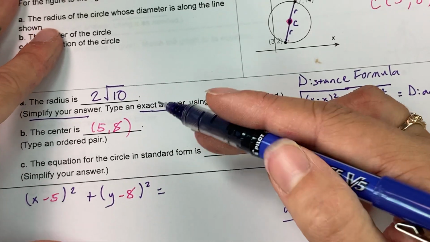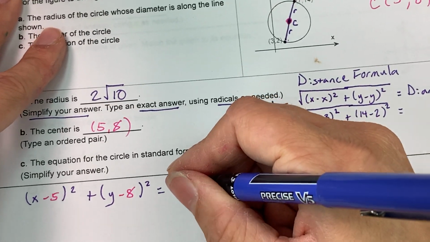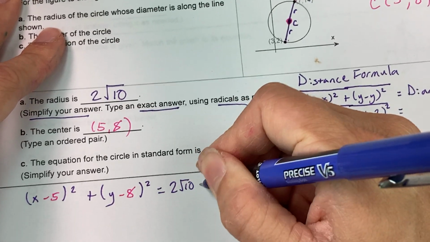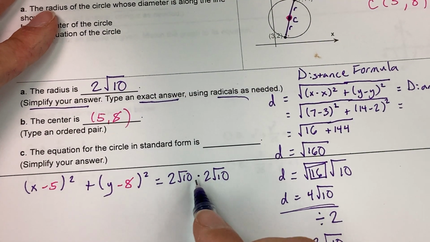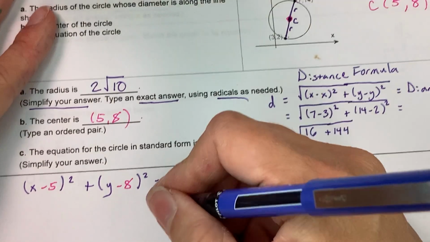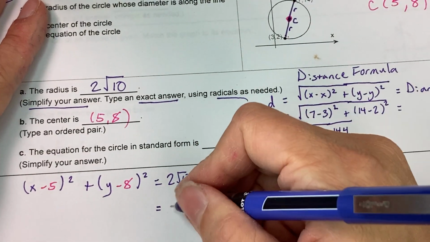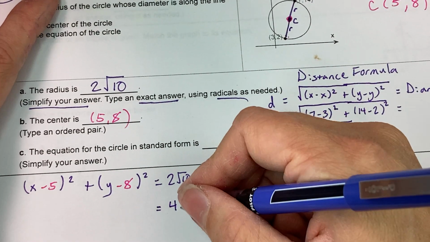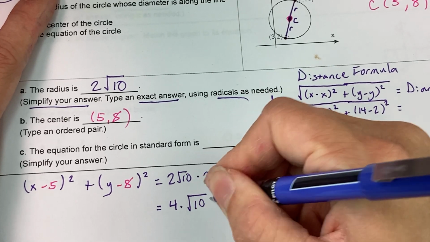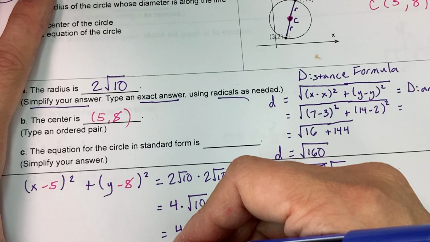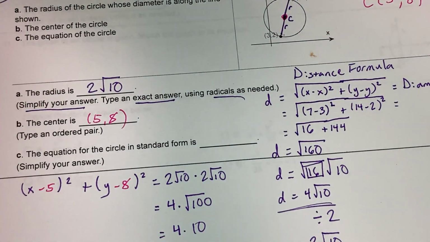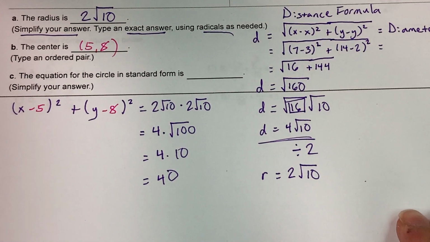Now, when I square 2 radical 10, that is 2 radical 10 times 2 radical 10, which is not a foiling problem because there's no adding or subtracting anywhere in here. So you just straight up multiply the coefficients, which gives me 4. Radical 10 times radical 10 is 10. So that would be 4 times 10, or 40, is equal to my radius squared.